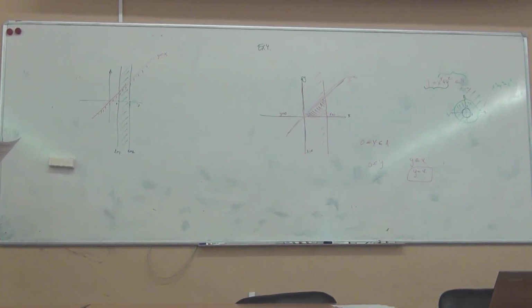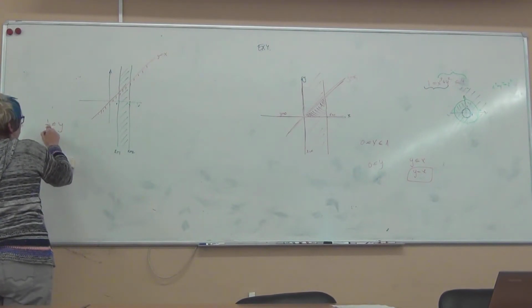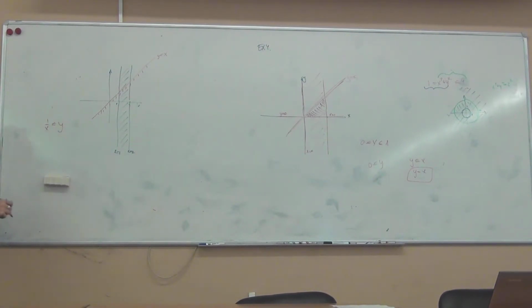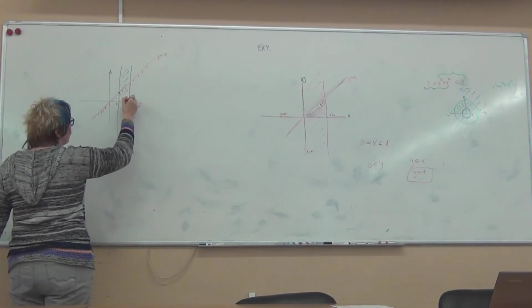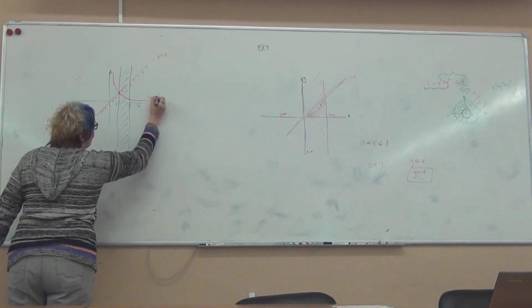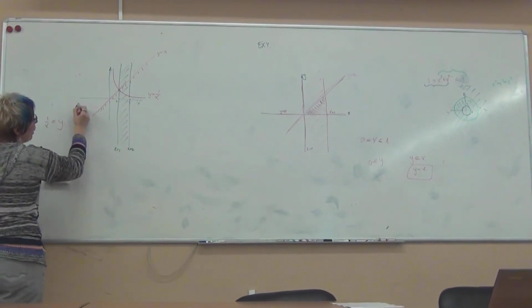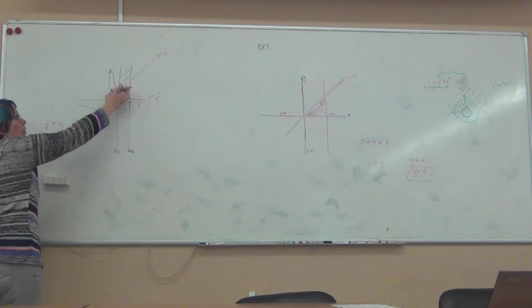And y is greater than or equal to 1 over x at the same time. So I have to sketch the function y equals 1 over x. That's the hyperbola passing through the points (1, 1) and (2, 1/2). There's of course the other branch, but it doesn't matter because on this side we don't have the part that matters.